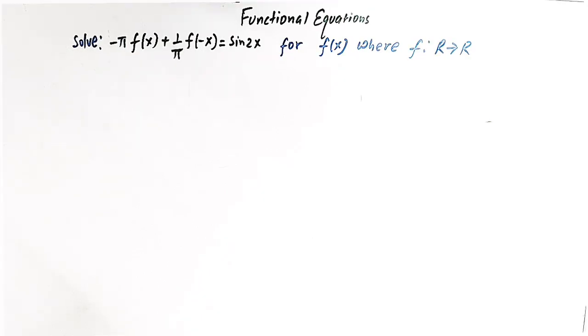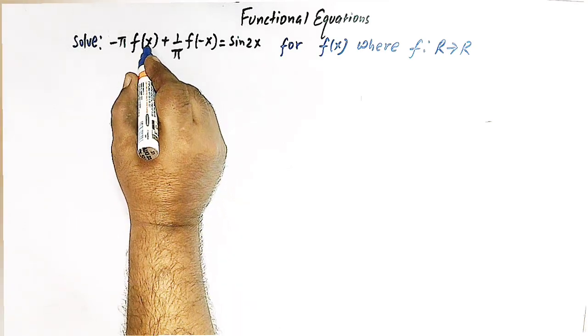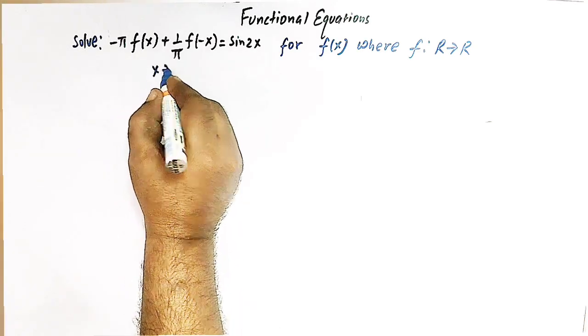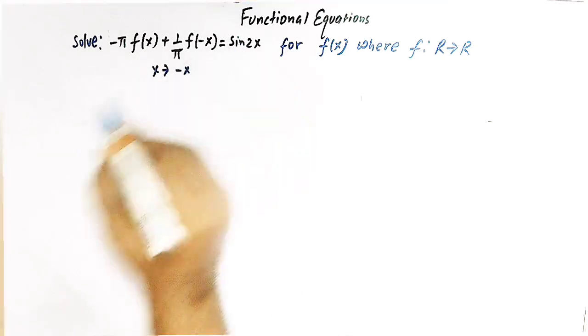Viewers, we have already solved a few problems related to functional equations in our earlier discussions, and we have also discussed the methods and techniques for solving functional equations. Here one technique we are going to use is to replace x by minus x in this equation.